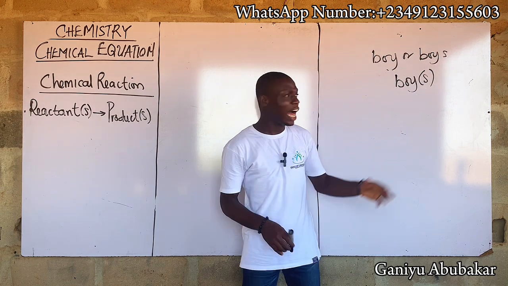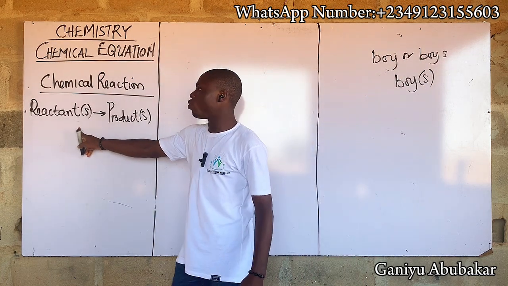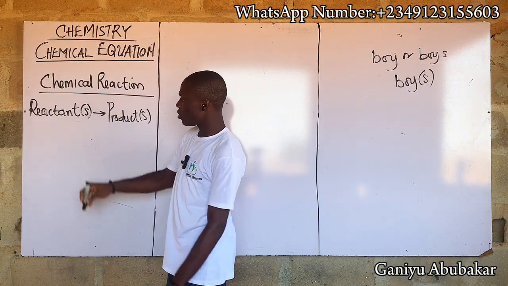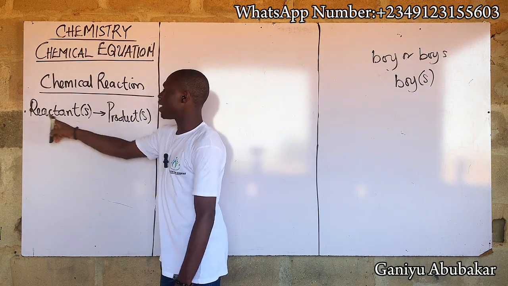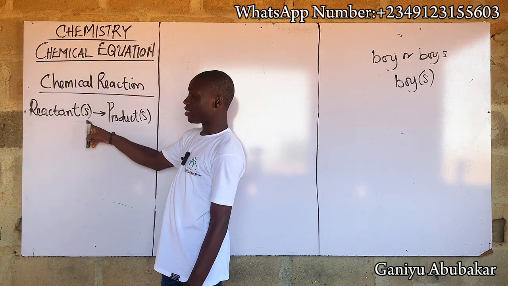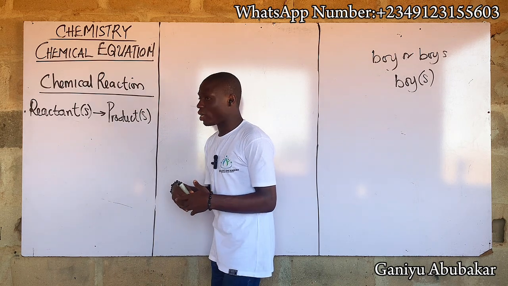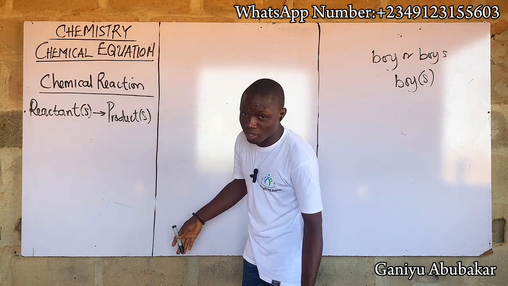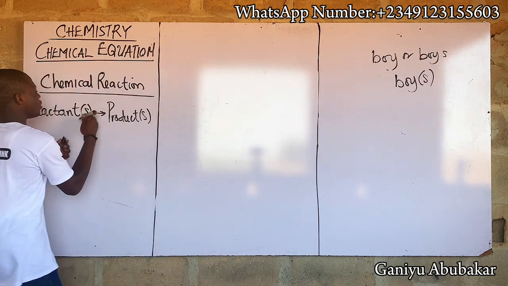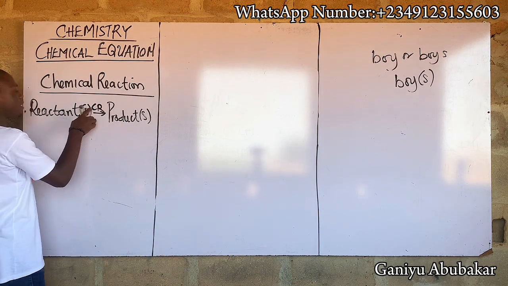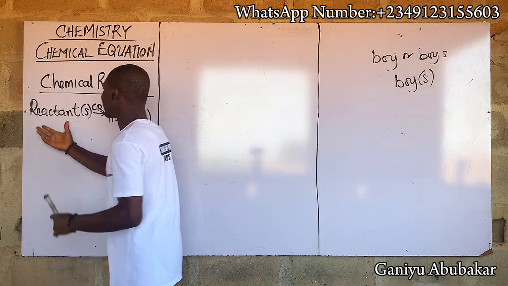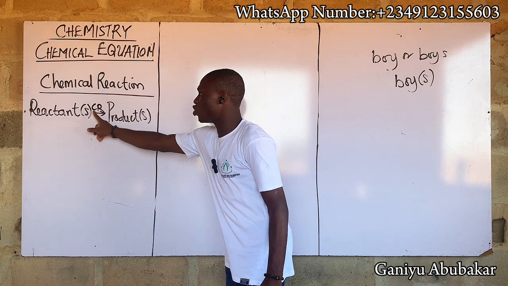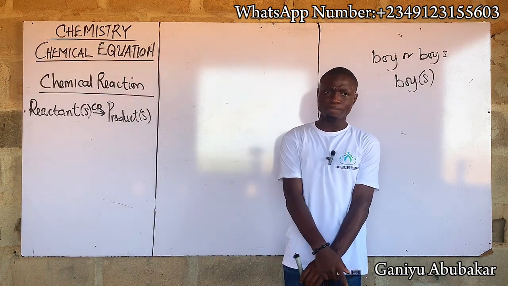So how do you possibly read this one? This is the reactant. The reactant or reactants chemically combine together to give a product or several products. So at this point, put CR, that is chemical reaction. So this reactant undergoes a chemical reaction to give a product.